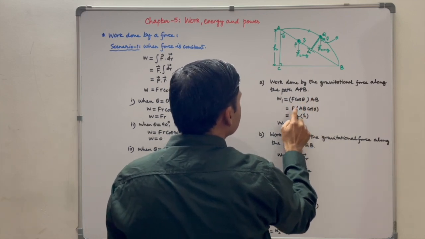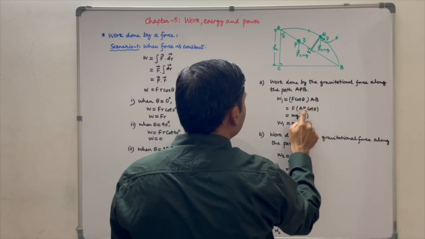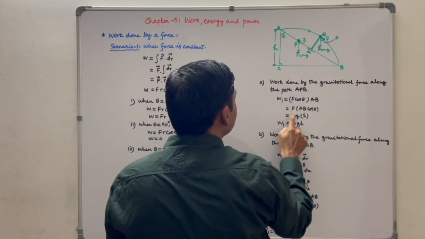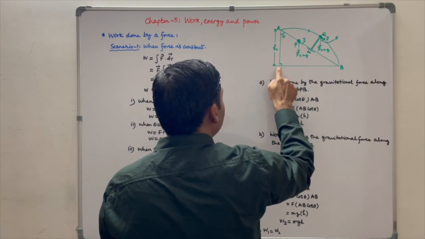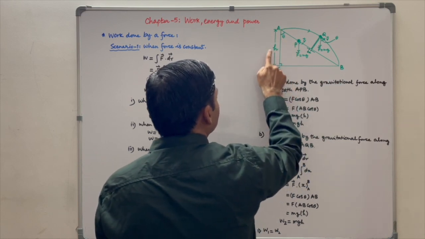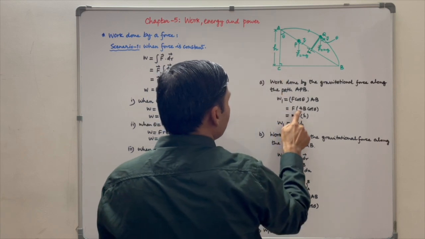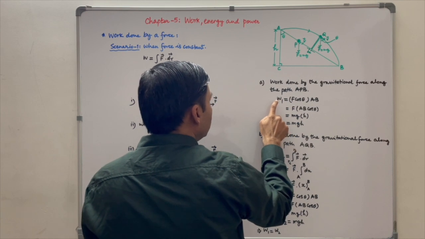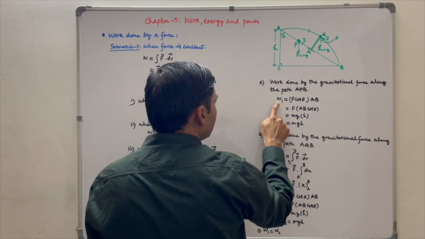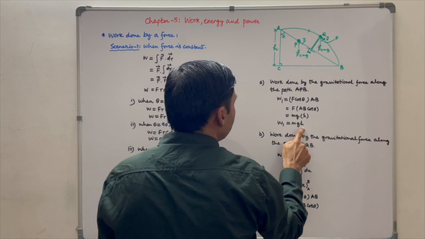This can be written as F into AB cos theta. F is equal to mg. In this right angle triangle ABC, AC is equal to AB cos theta and AC is equal to h. So in place of AB cos theta, we can write h. So work done in this case is, let's say, W1. So W1 is equal to mgh.